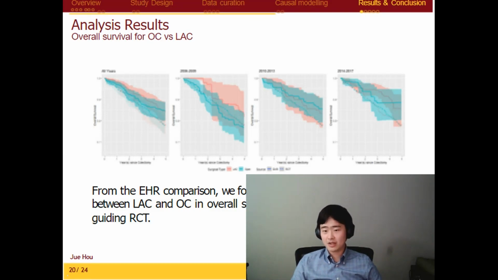It's similar for the rest. The solid lines are our emulation, and the dashed ones are pulled from the RCT, so very close. And also across the different year groups, we see that the survival is generally improving, going up. But still, we are able to show that they are not significantly different from each other between LAC and OC.